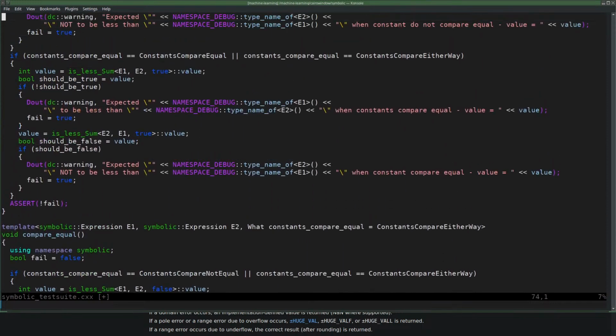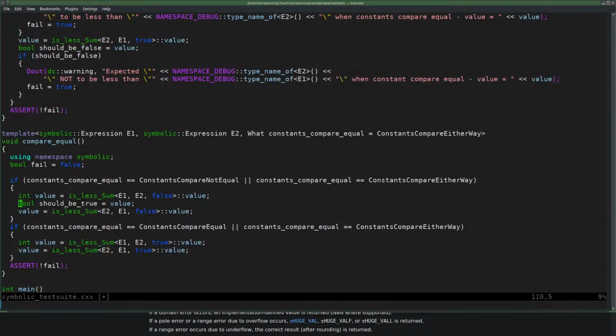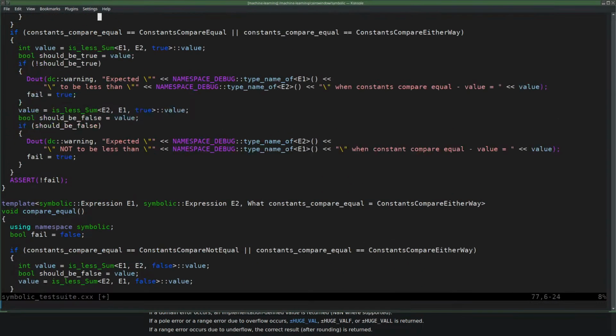Let's just steal the code from here. And then I determine if it should be true or not. The thing is called compare equal, so nothing should be less than. So the value should be false. Then I have two falses.